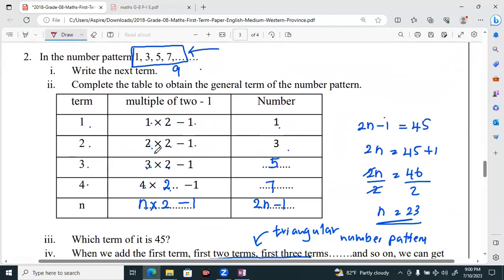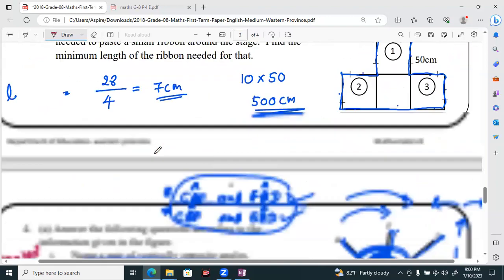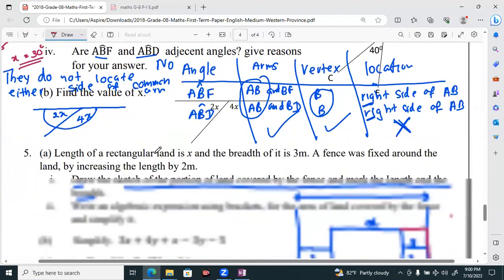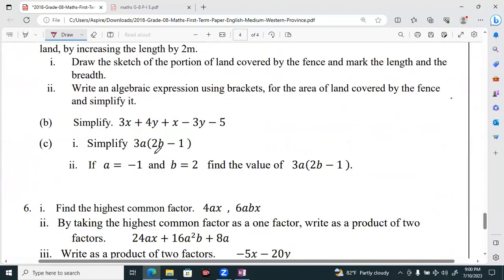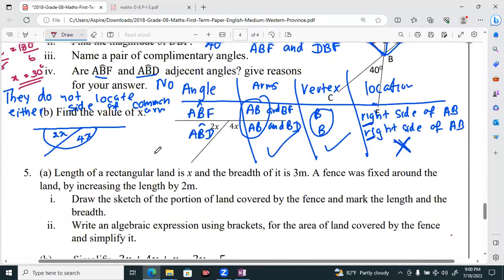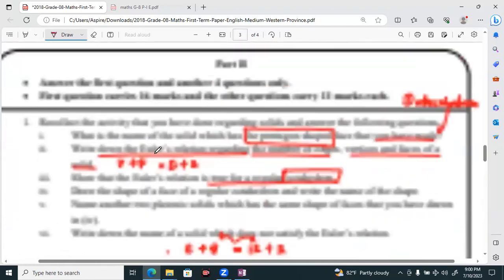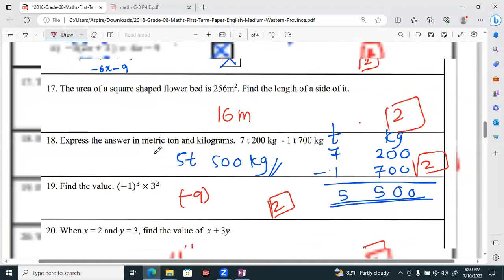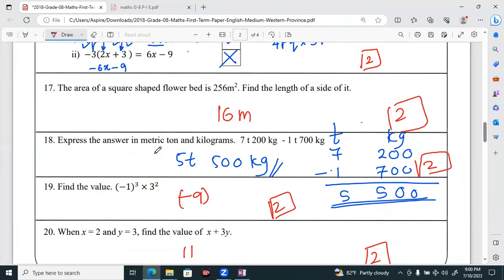And you can brush up what we have done so far in the number pattern lesson, the perimeter lesson, the angles lesson, and the algebraic expressions lesson. Also practice with the short questions. Do the questions that we have done in the tutorial also.